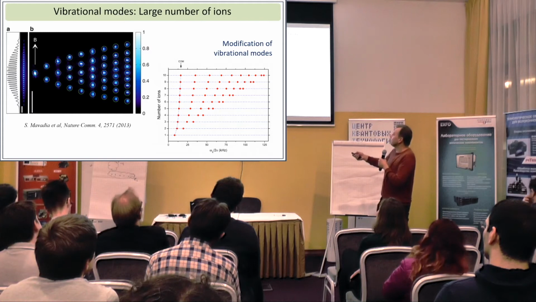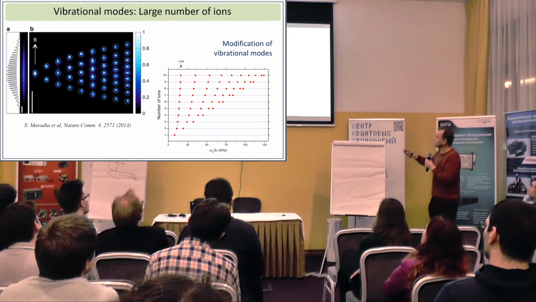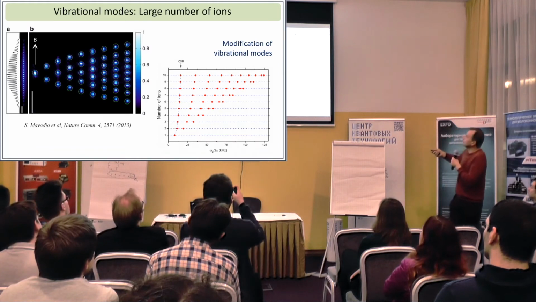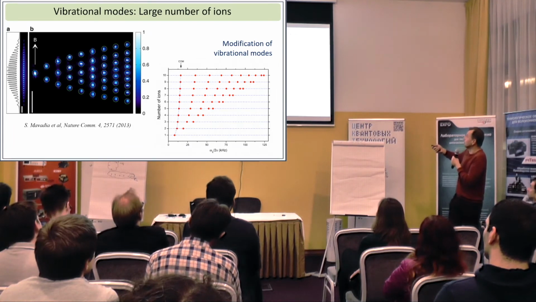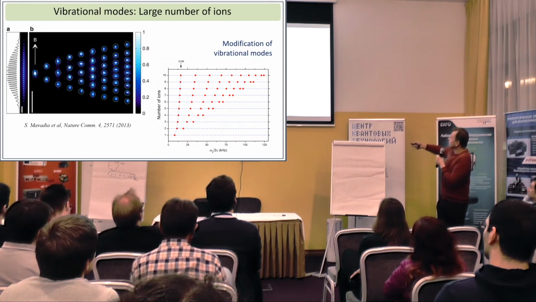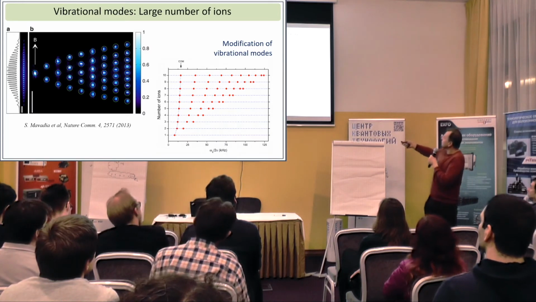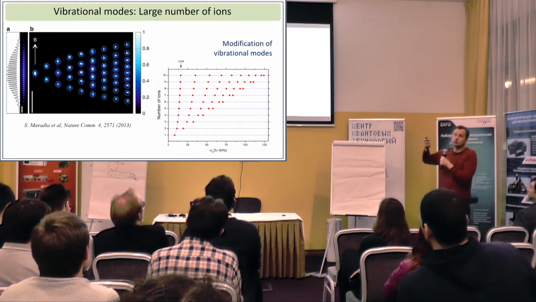First, we see that one can trap 1, 2, 3, 5, and we can do basically the same in our experimental setup. But in addition, we increase the number of vibrational modes. This is the number of ions. This is the frequency of a certain vibrational mode, and we see that they become a more and more complicated structure.